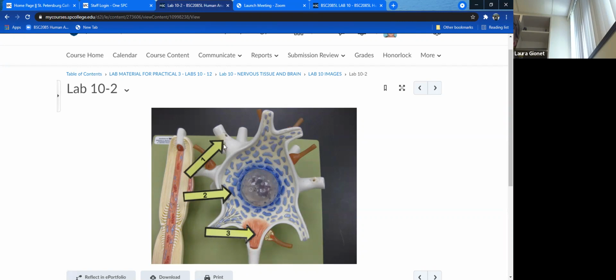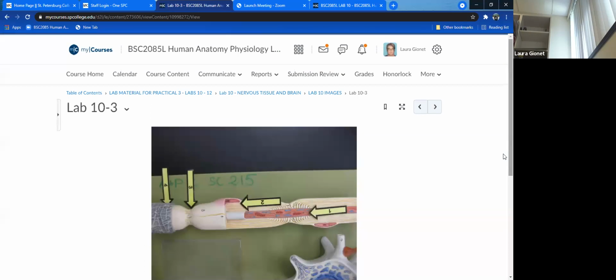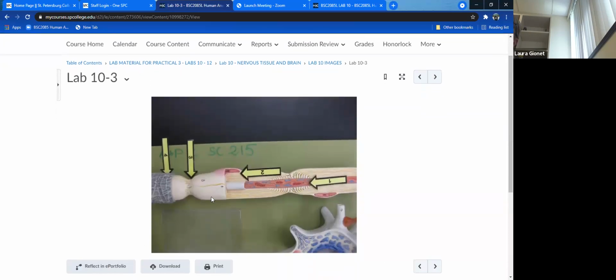Okay, graded potentials on 1, action potentials on 3.